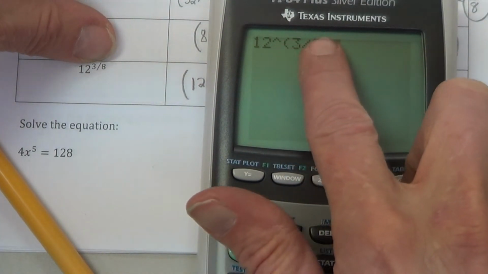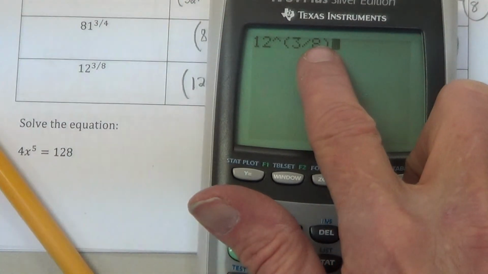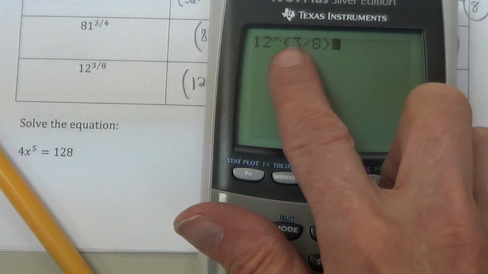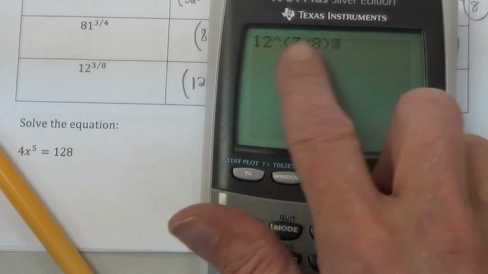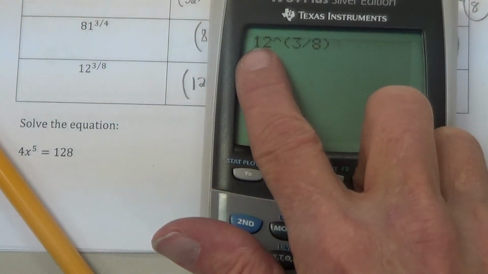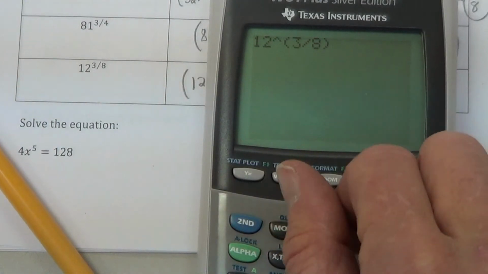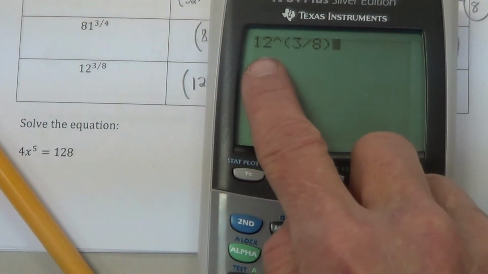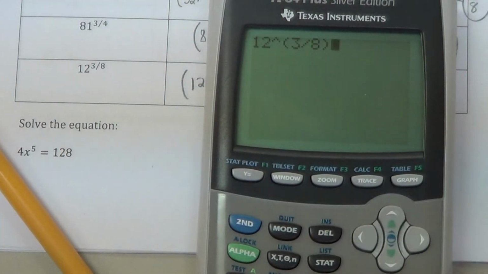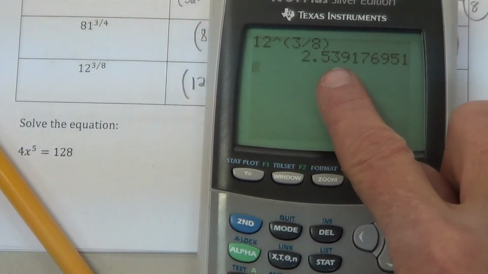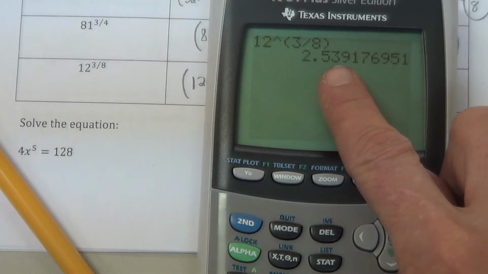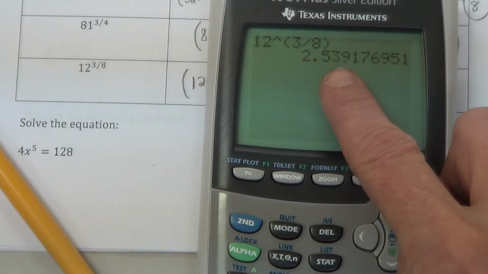You want to include that in parentheses just because some calculators will pick up the 3, but then they'll divide the whole thing by 8. So without the parentheses, it would be 12 raised to the 3rd divided by 8. Okay? With the parentheses, it's actually 12 raised to the 3/8. And now you just hit enter and round that off to, I would say, the second decimal place, the hundredths place.